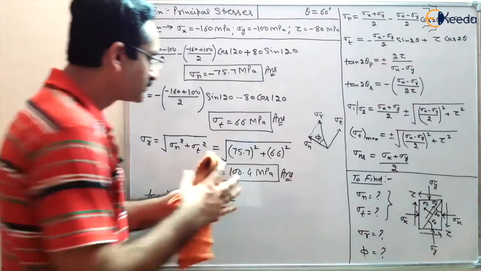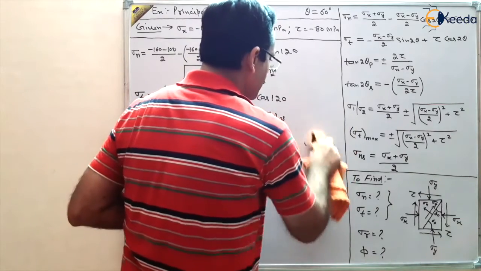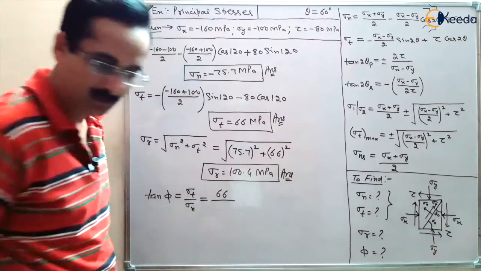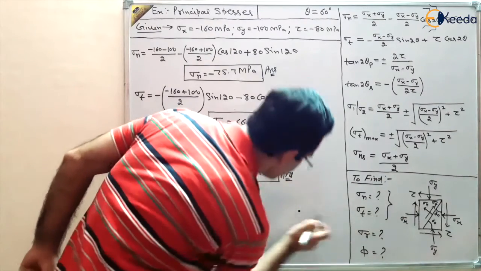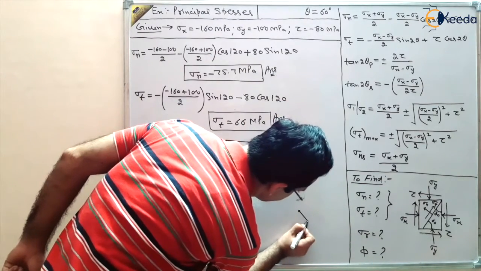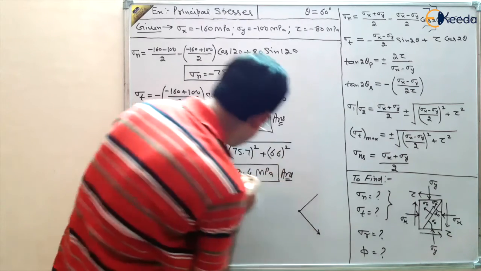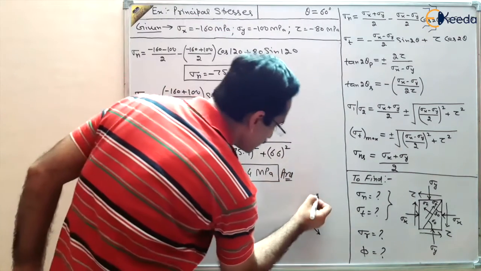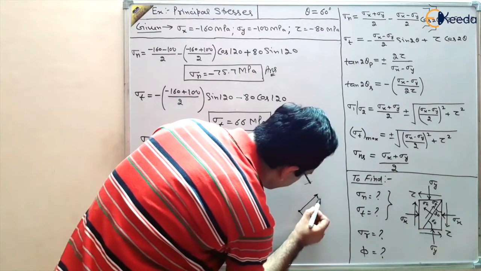The actual condition is like this: sigma n is opposite to what we showed. Sigma t is positive, so it is okay.